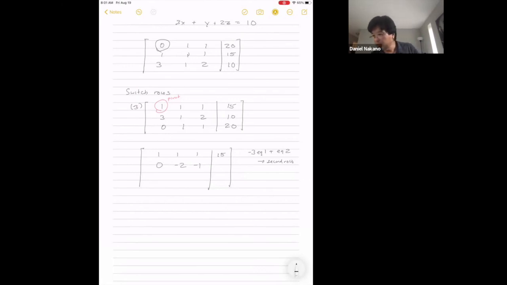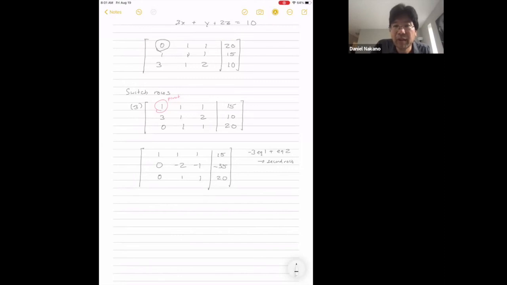Oh, we could just do this one. It's minus 45, so this is minus 35. Okay. And then finally, I can just keep the third row the same because I already have a 0 down here.